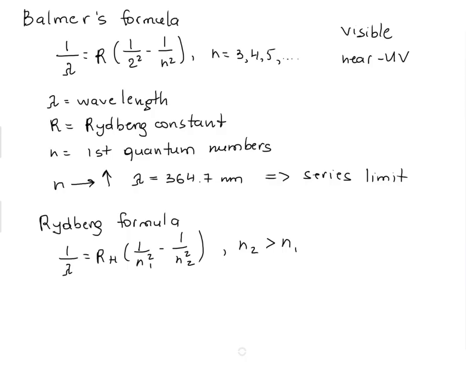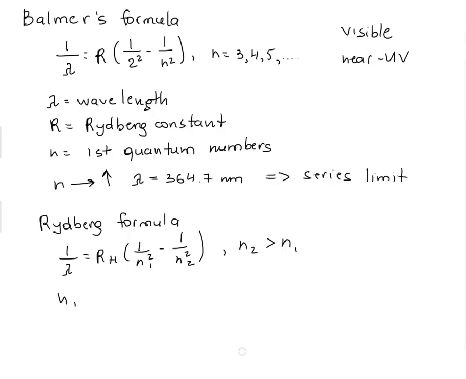The lower number N1 determines the spectral series, while N2 determines the specific line within that series. The constant R_H is called the Rydberg constant, one of the most precisely known constants in physics. So this single equation explains the entire hydrogen spectrum.